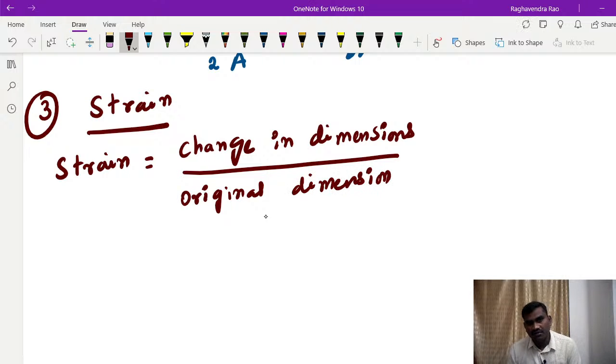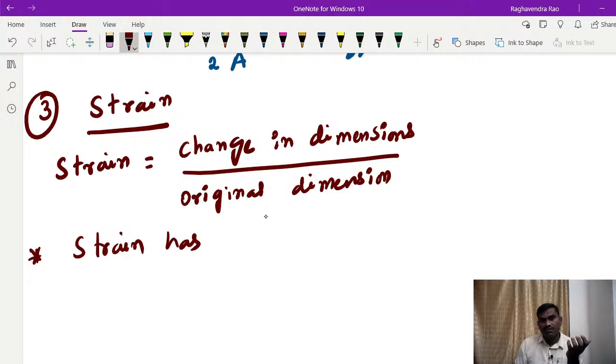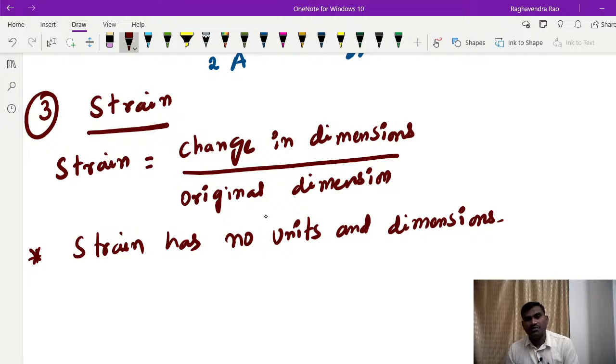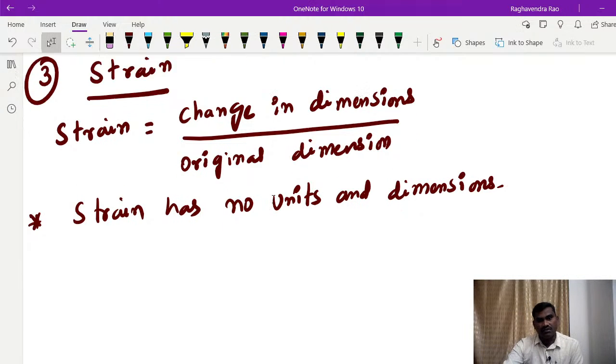This dimension means length, breadth, area of cross section, whatever it is. Both dimensions will cancel, so there are no units and dimensions. Strain has no units and dimensions.